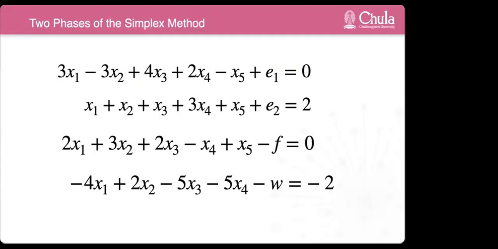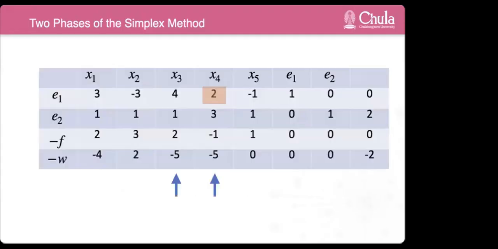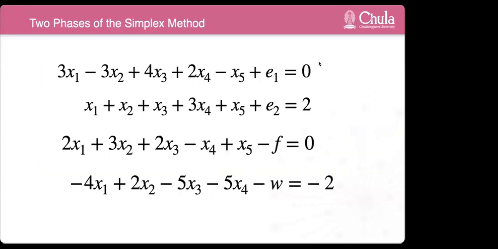Now we are ready for phase 1. We write this table. From this table, we write the coefficients from the first constraint: 3, -3, 4, 2, -1, 1, 0, 0. This is from this one.